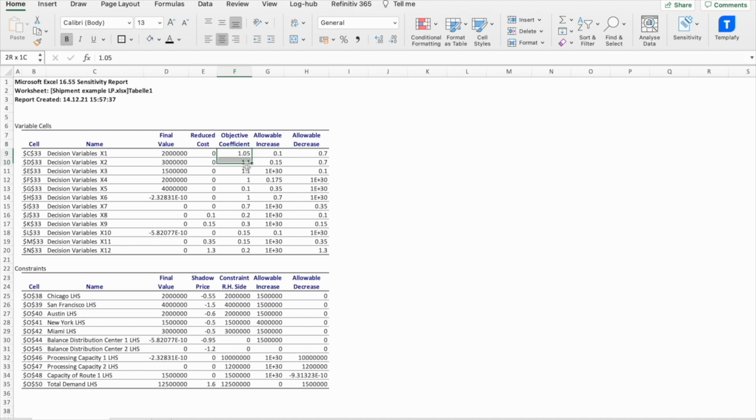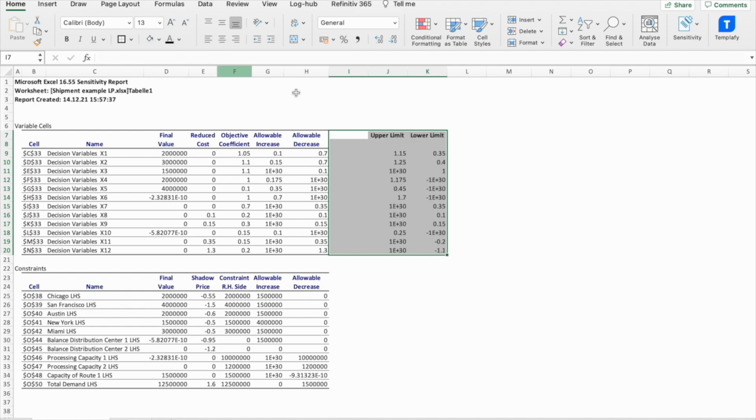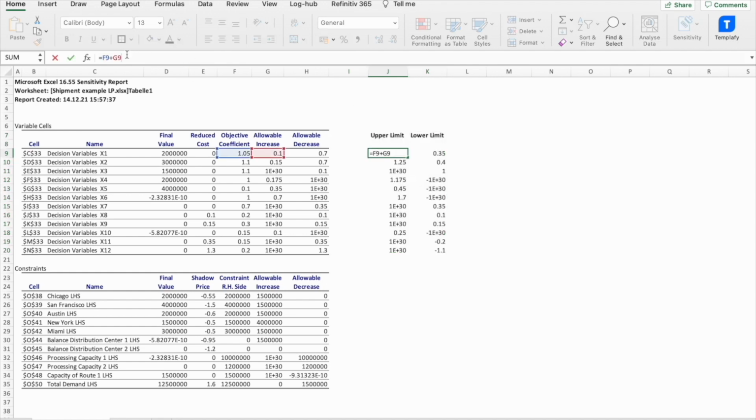In our Excel sheet, we have calculated these upper and lower limits for the coefficients. Here we show the allowable increase or decrease, as well as how we got to the solution. The reduced cost shows by how much the profit, or in our case the costs, will increase if we add 1 unit of a respective decision variable.